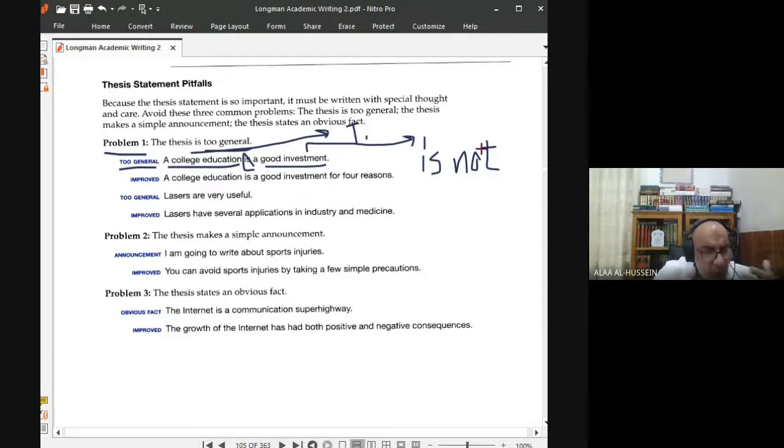They start with the verb and then the complement.